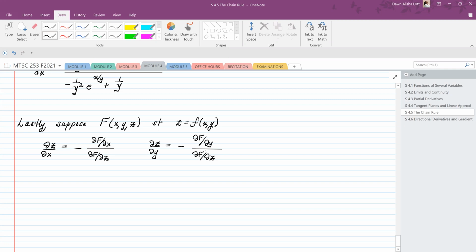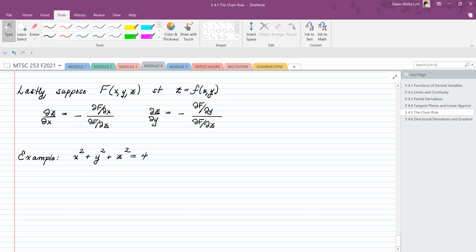Okay, so suppose we have, for example, x squared plus y squared plus z squared is 4. So that's a sphere of radius 2.